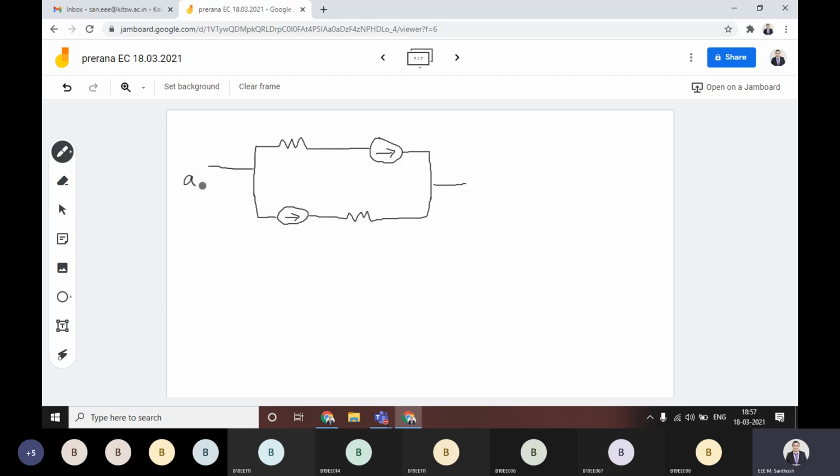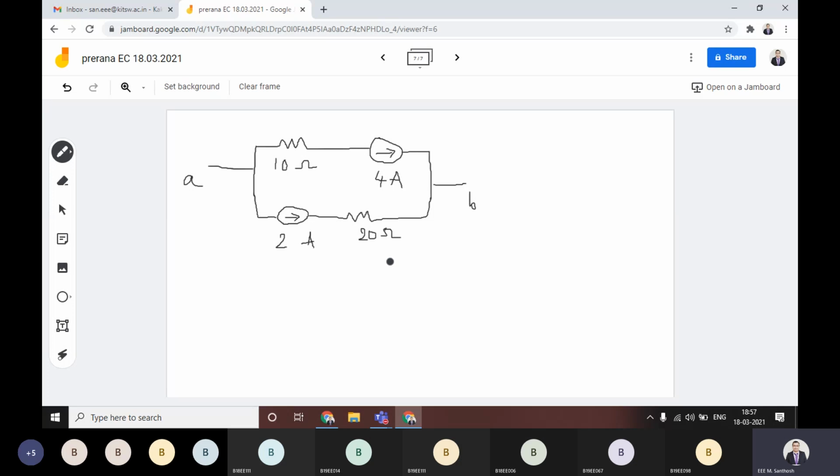This is point A and this one is B. This is 4 amperes and this one is 2 amperes and this is 20 ohm. You note down the problem that is given this way.